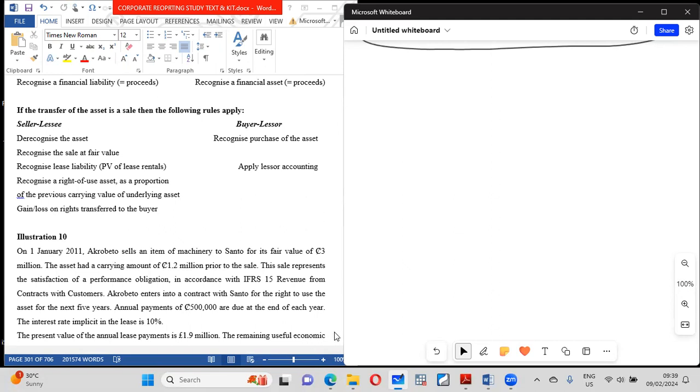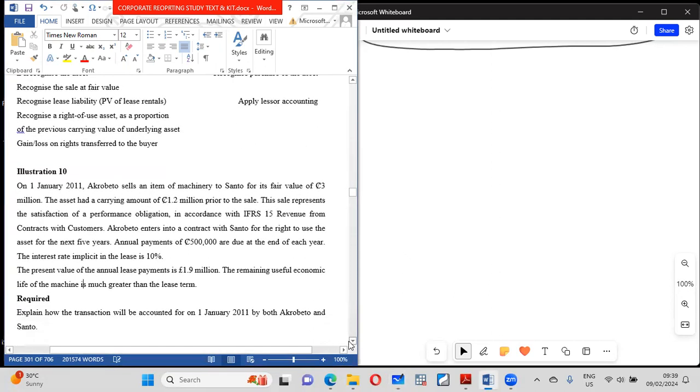So we have the question that reads, on January 2011, Akobeto sells a machine to Santo at its fair value of 3 million. Okay, then it says that the asset had a carrying amount of 1.2 million prior to the sale. The sale represents a satisfaction of a performance obligation, which means IFRS 15 is met.